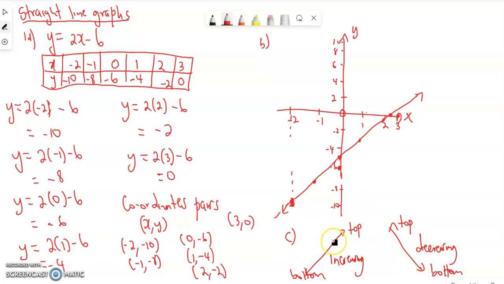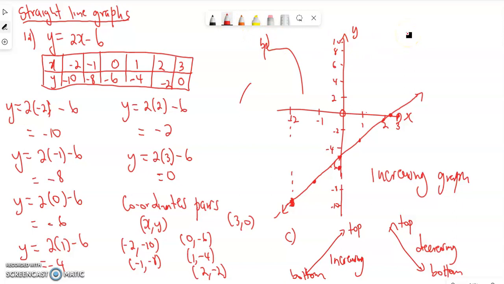Increasing and decreasing. So therefore the graph we have just drawn above is an increasing graph. All right. Why? Because it starts at the bottom to top.